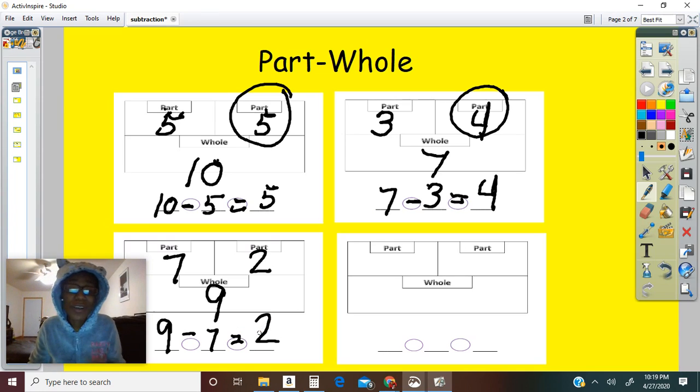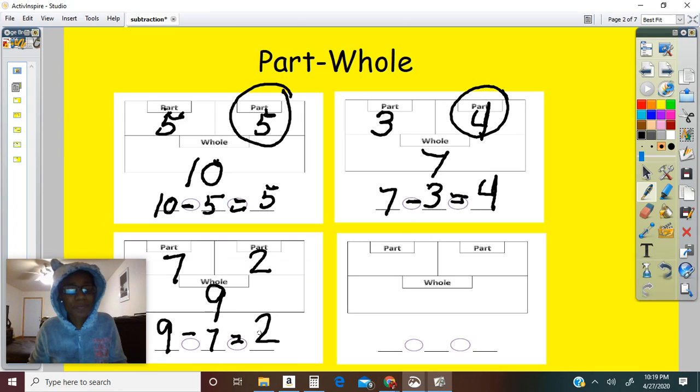Remember, if we know addition, we can fact check and make sure that our subtraction sentence is the correct answer. If I have a part of 7 and I add another part of 2 more, will I get a whole of 9? 1, 2, 3, 4, 5, 6, 7, 8, 9. You got it, guys. Super smart.